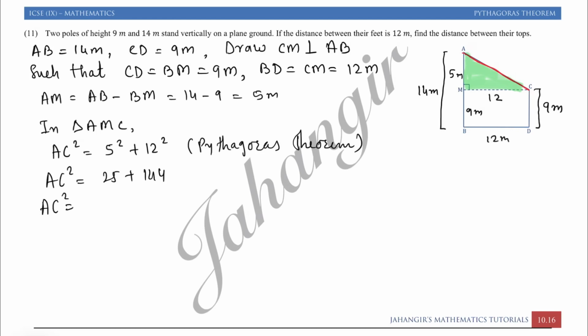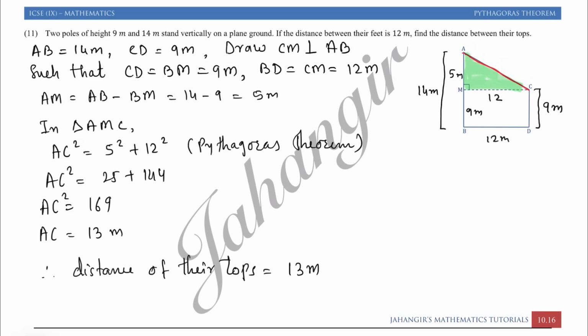AC square is equal to 169. AC is equal to 13 meter. So therefore distance of their tops is equal to 13 meter.